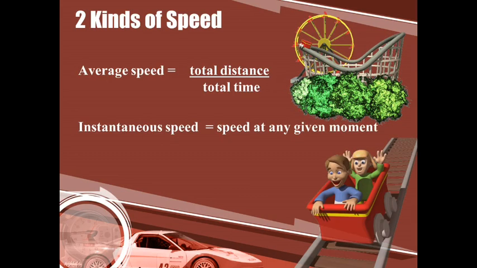Instantaneous speed is a little bit different. This is speed at one specific moment, one exact snapshot in time. Now, when we are talking about average speed, that's over the entire trip.